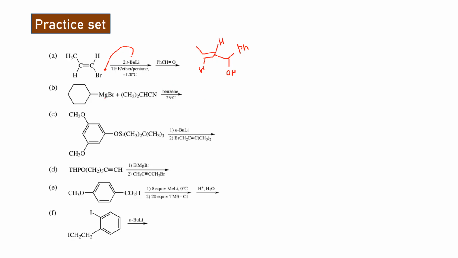Okay. Next is this one. If you add this Grignard reagent to this acetonitrile complex, what will happen? This delta negative will attack this carbon center and it will open up, forming this imine type of complex.